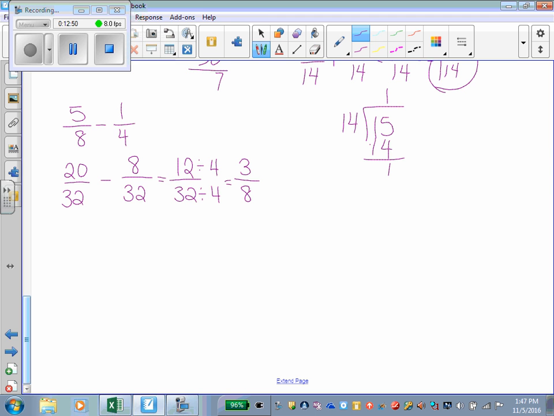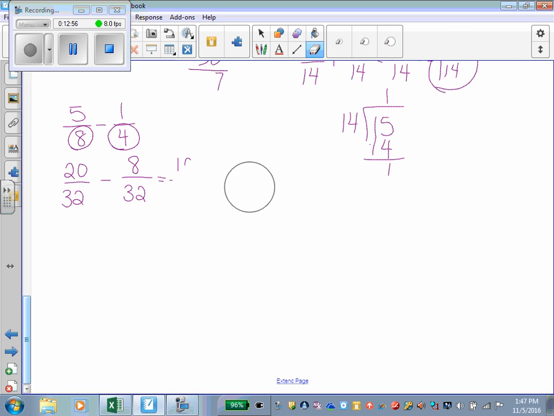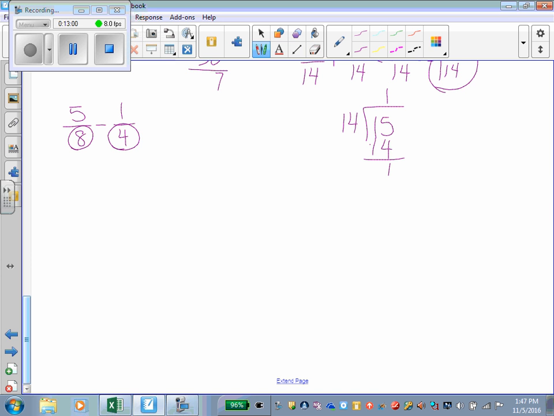But another way that you can also do that is you can look at your two denominators. Remember, we got 3/8 as our answer. So we can look at these two denominators, and is there any way that one of these denominators can become the other by multiplying? Well, you can look at your 4. 4 times what will get you 8? 4 times 2 will get you 8.